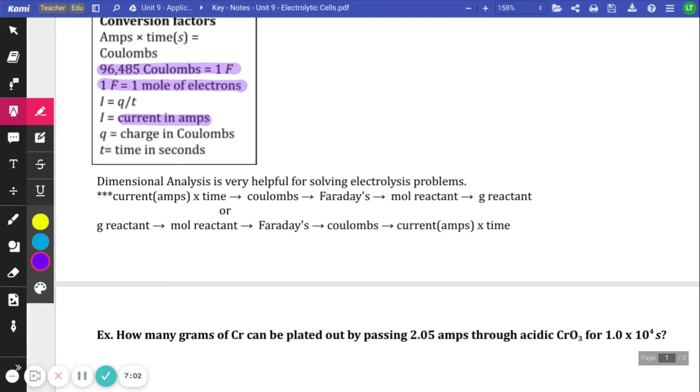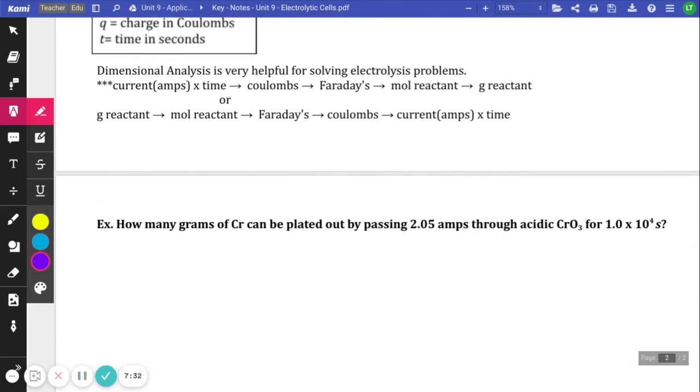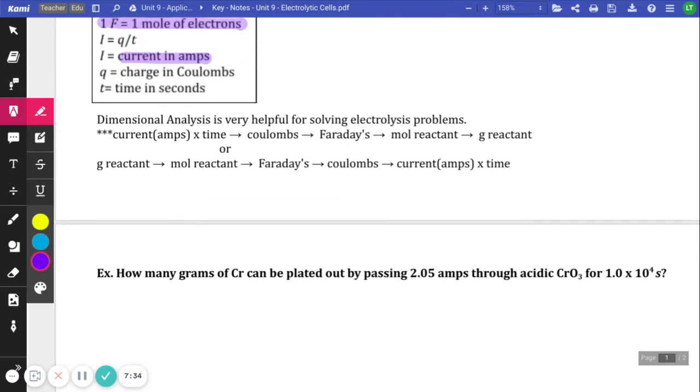Then we convert coulombs to Faradays, then Faradays to moles of reactant, and then moles to grams of reactant, using the conversion factors we just talked about: 96,485 coulombs in 1 Faraday, and 1 Faraday is 1 mole of electrons. If it's flipped, we would do it backwards: grams of reactant to moles of reactant to Faradays to coulombs to current, which is amps, times time.